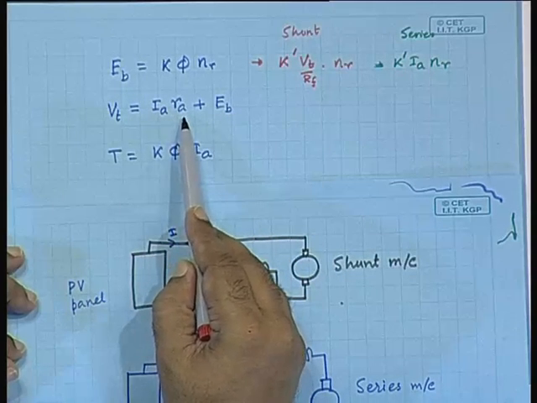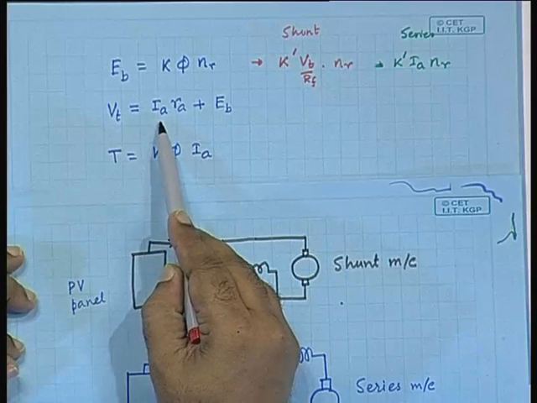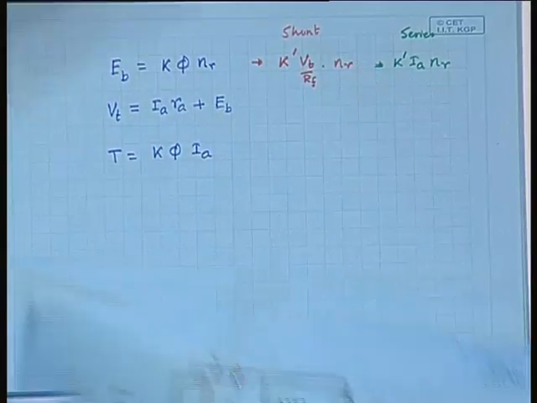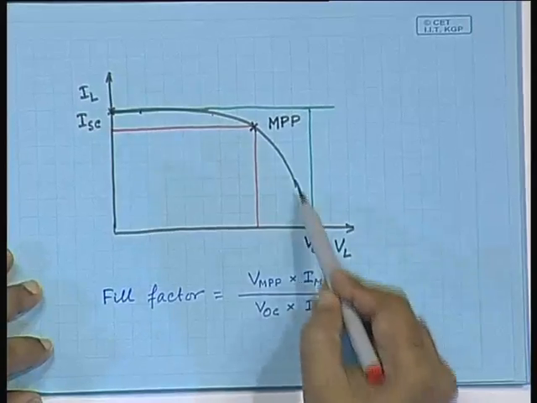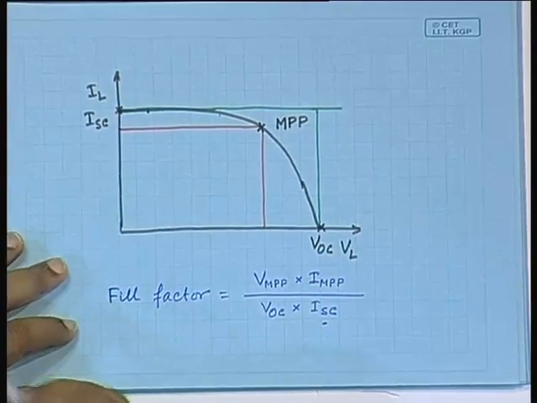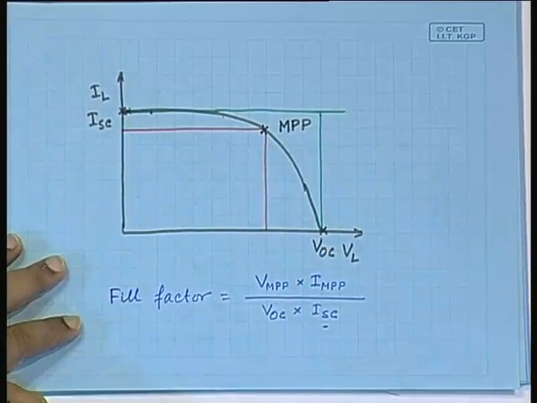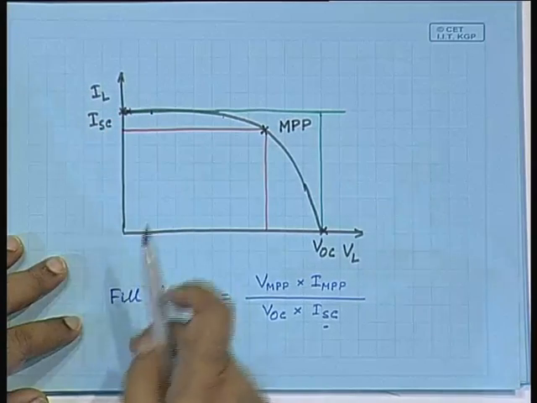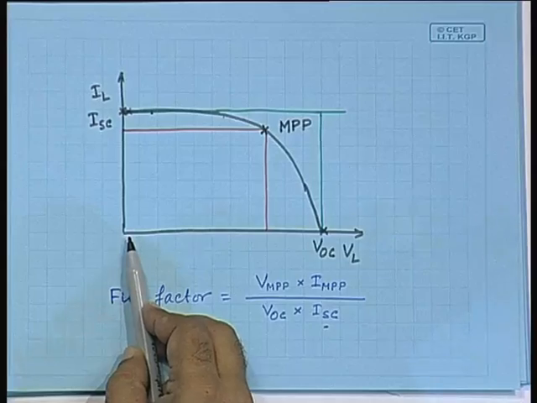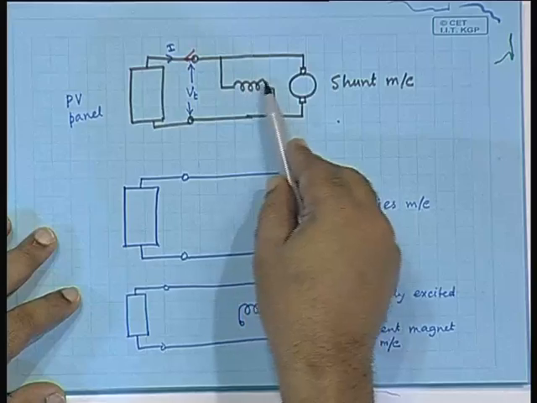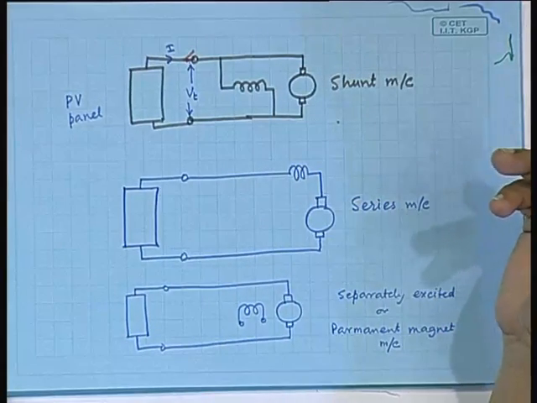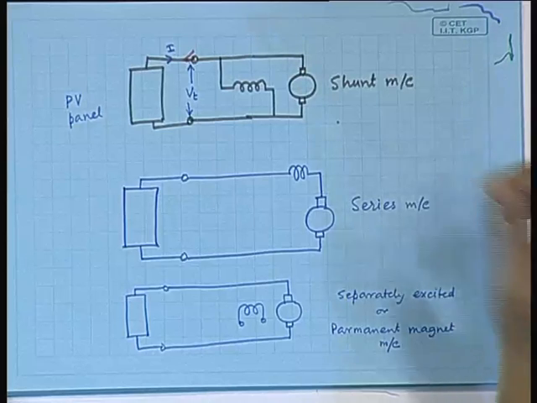Ra is very small and therefore Ia is large. Okay. If Ia is large in the VI characteristics, where is it working? It is working very close to this point. If it is working very close to this point, then what is the terminal voltage? That is very small. If the terminal voltage is very small, naturally very small amount of current will be flowing to the shunt field. As a result, insufficient amount of flux will be produced, the machine will not start.